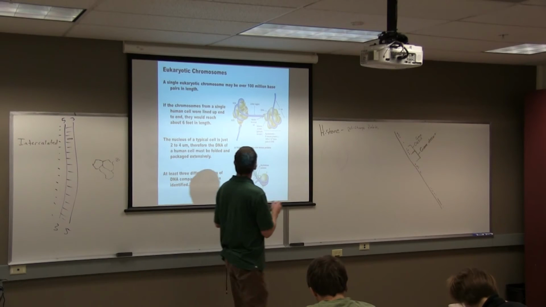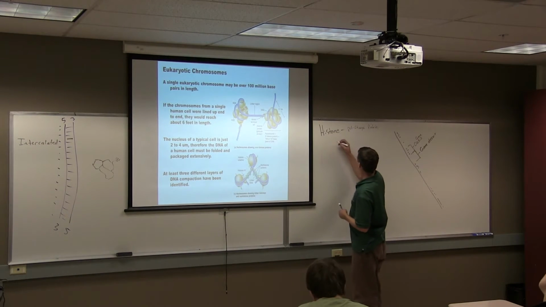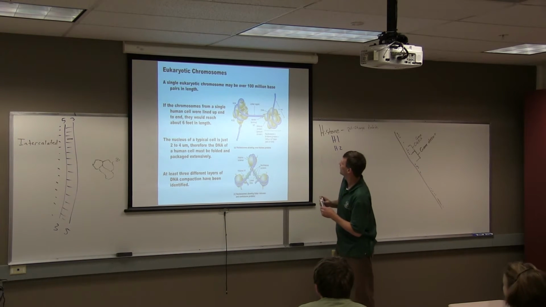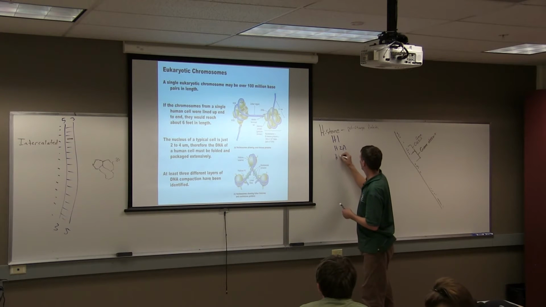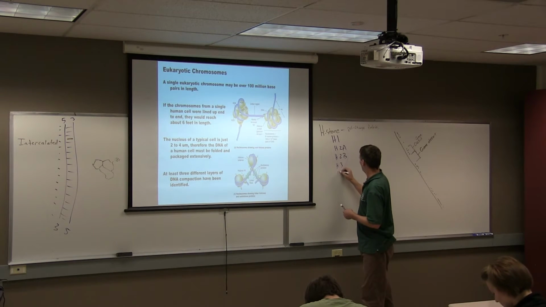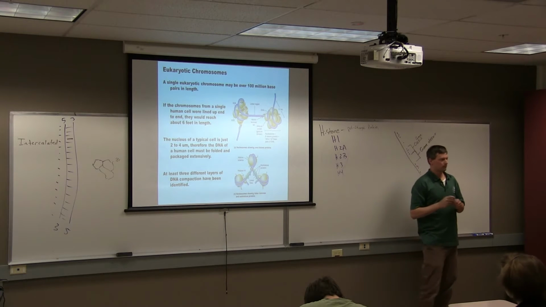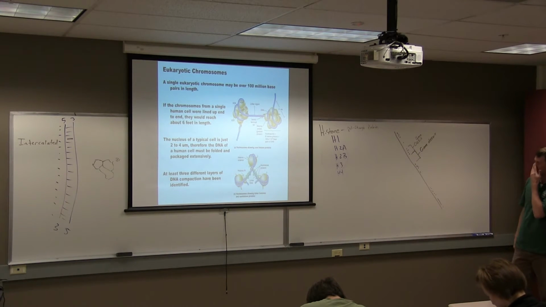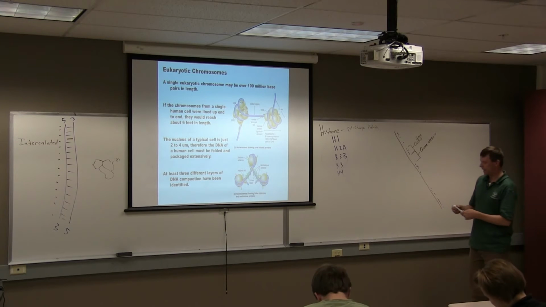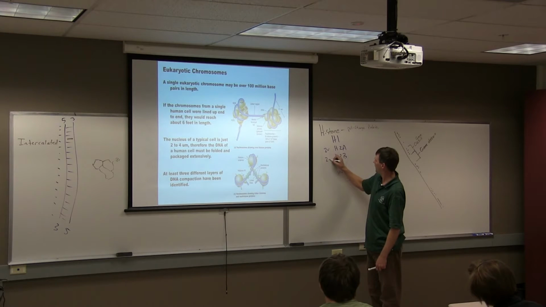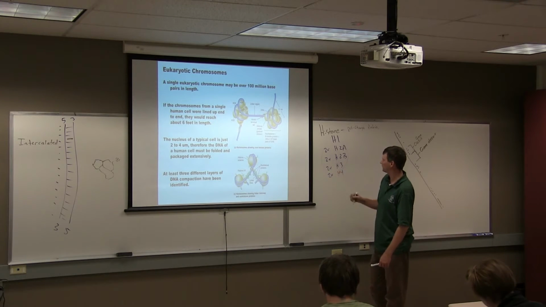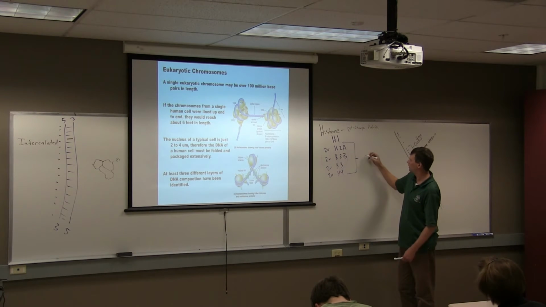So there are histones H1, H2A, H2B, H3, and H4. So those are the 5 histone genes. What happens is these guys get 2 of these, 2 of these, 2 of these, and 2 of these, and they form a new term, a histone octamer.